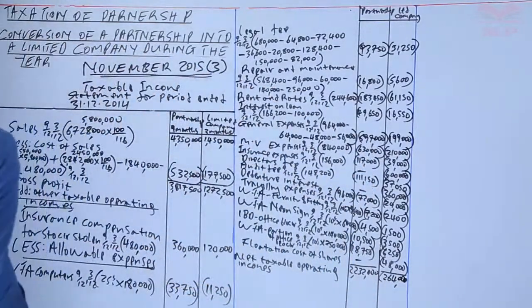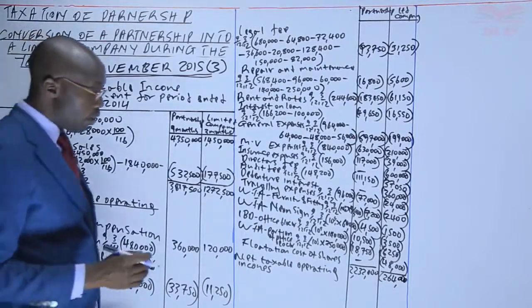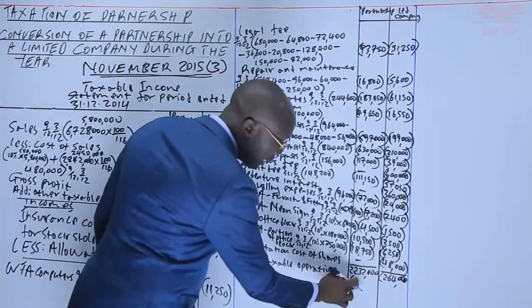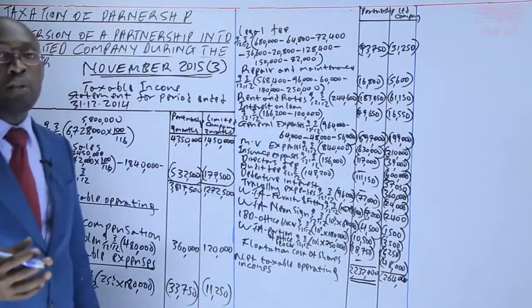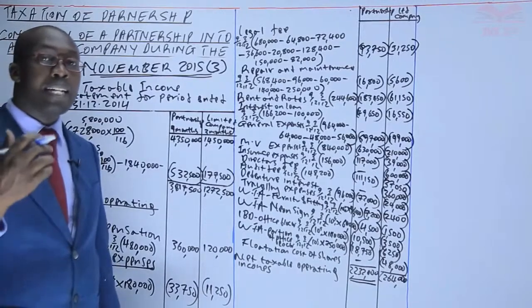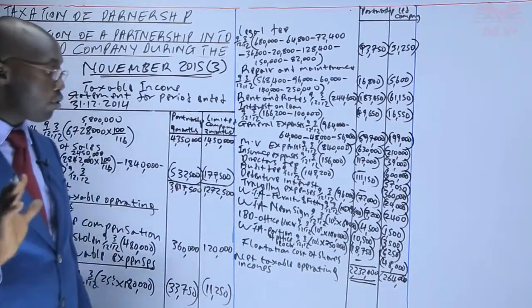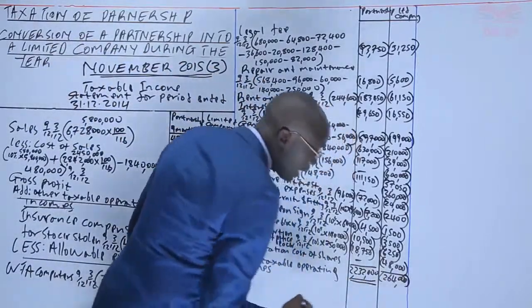Now, this is what we said for the partnership. Once you get the net taxable operating income here, it normally ends here, unless you are told to distribute to the partner and maybe determine the tax for each partner, but you don't go beyond there. But for a company, it does not usually end here.